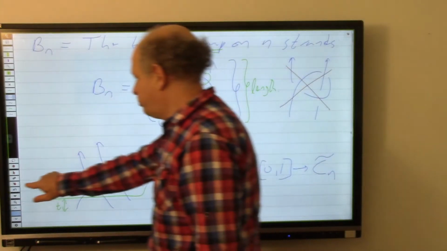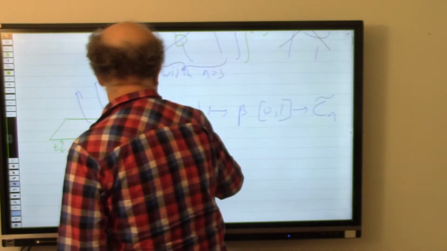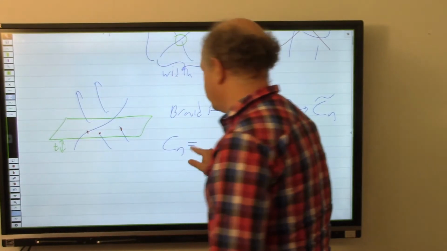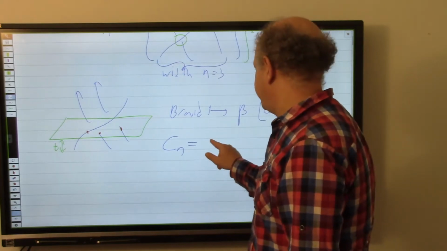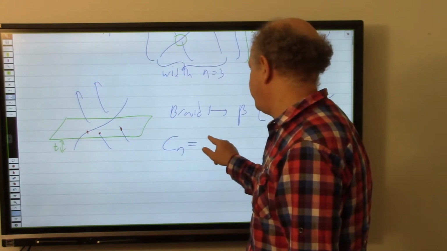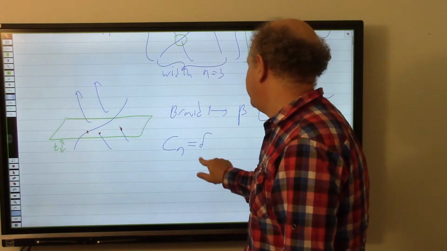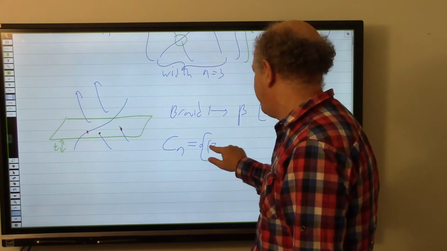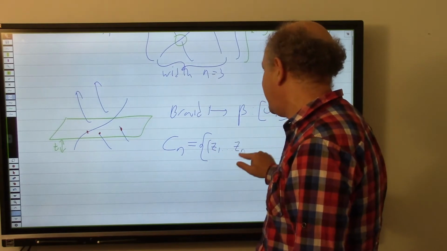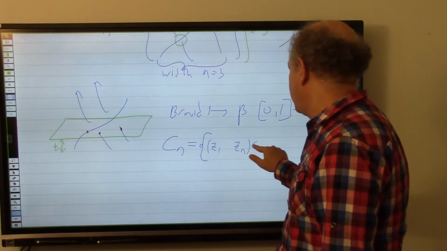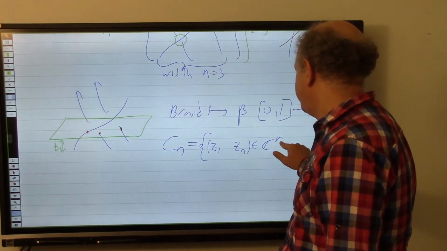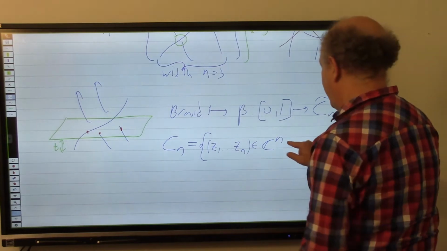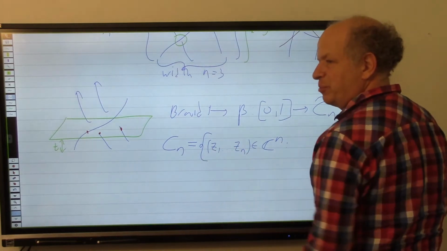And let me explain what is Cn tilde. So let me first define Cn. So Cn will be the space of, well, maybe the easiest way to do it is to say that it's the space of n-tuples z1 up to zn, all living in the complex numbers raised to the power n, but where you make the additional requirement that they're all different from each other.